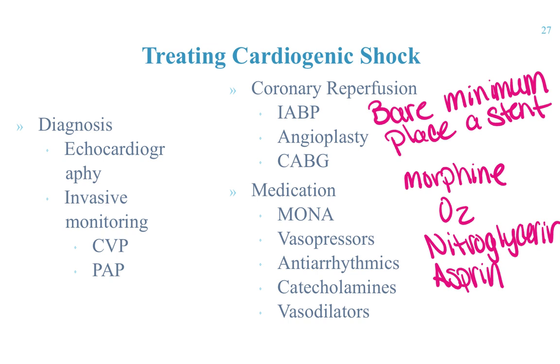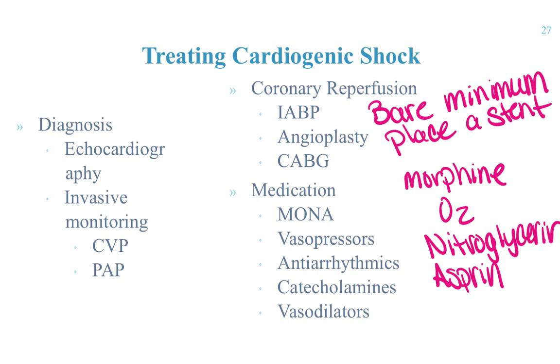But nitroglycerin is a vasodilator. So again, we're going to dilate those vessels so we can get more blood flow, so hopefully we can improve oxygenation. Aspirin is going to help prevent further clots by making those platelets not stick together to start the clotting process.